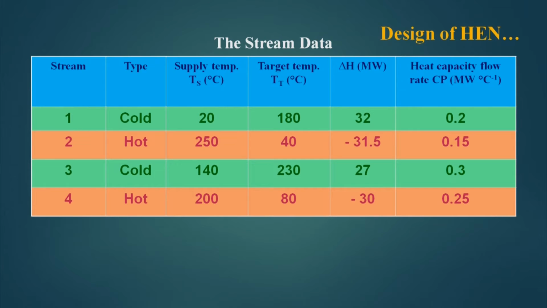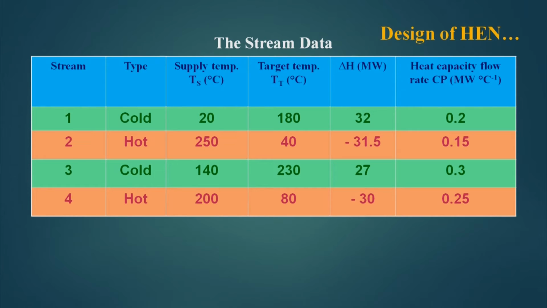The negative sign with the hot stream shows that the stream can give heat, and the positive sign in the delta H column shows that the streams will take heat. So, with the cold streams we have positive signs of delta H, and with hot streams we have negative signs of delta H. The MCP values, which are capital CPs, are also given in this stream table data.